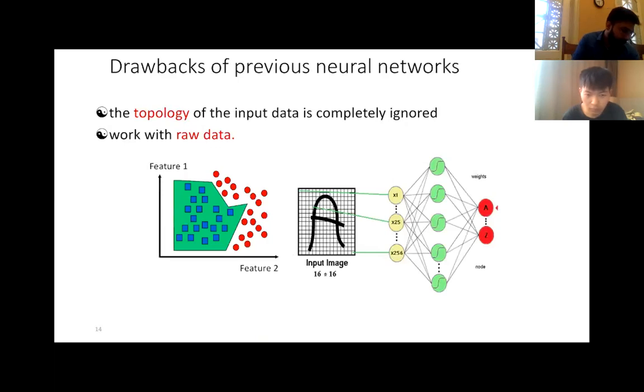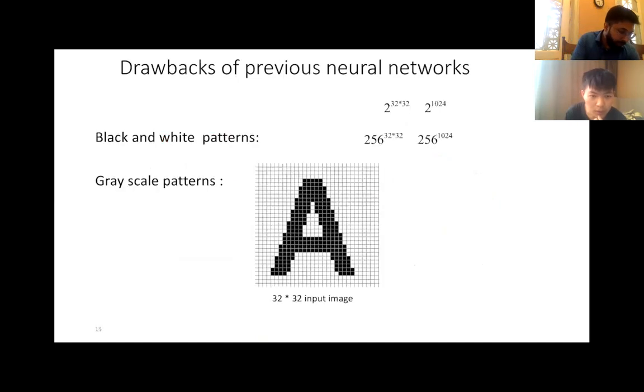The other thing is that it does not take into account any topology of the data. In images, data is quite structured. For example, the value at one pixel can affect the value at another pixel. There can be some relation between these two because images have to represent objects.